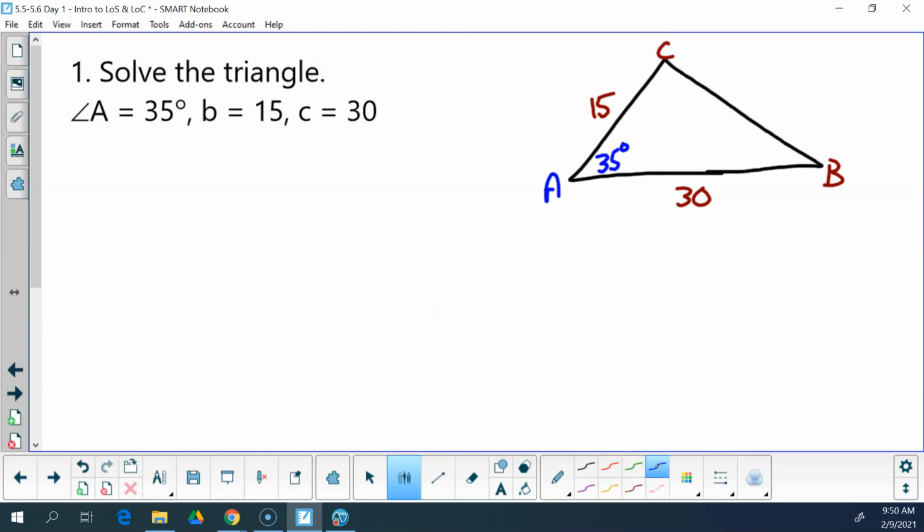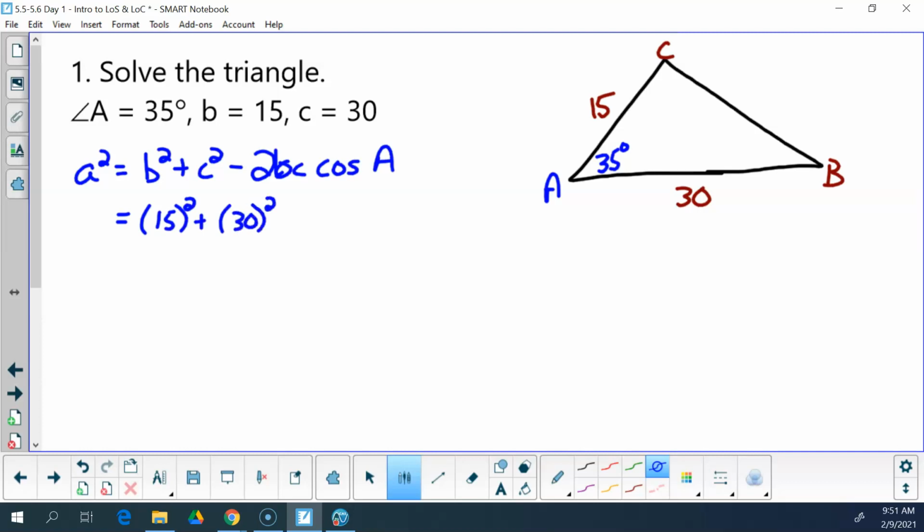So we have to use the law of cosines. In this particular case, I would use a squared is equal to b squared plus c squared minus 2bc cosine of angle A. So that is going to be 15 squared plus 30 squared minus 2 times 15 times 30 times the cosine of 35 degrees.